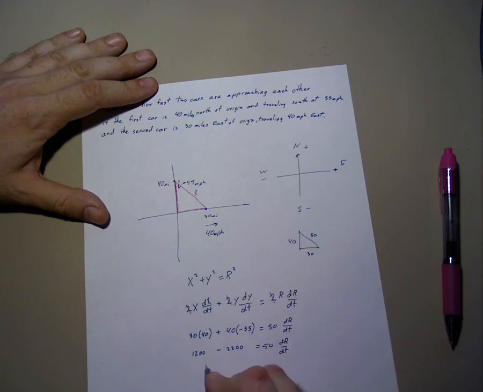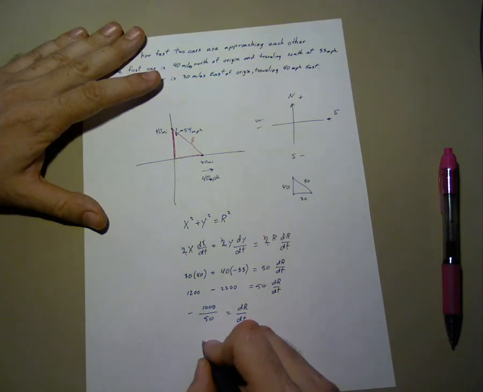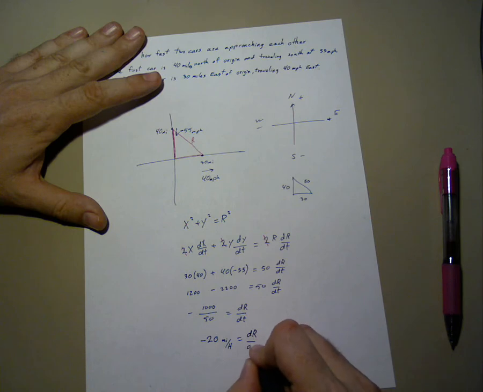Subtract these, we get negative 1000 divided by 50 equals dr/dt. If we simplify this, we simply get negative 20 miles per hour equals dr/dt.